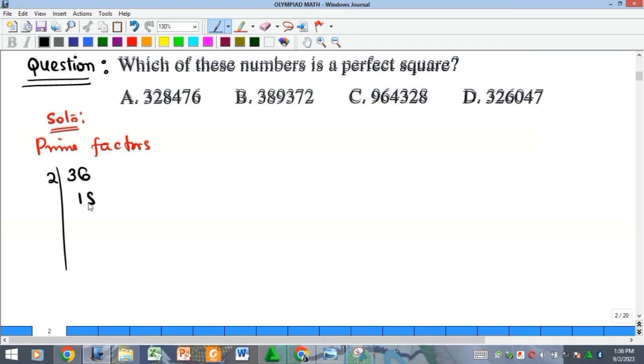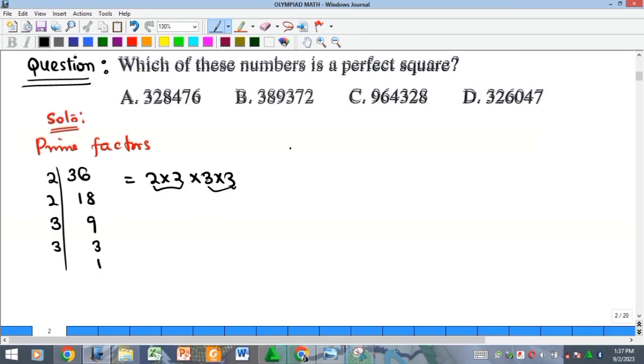So here we have 18. 2 will go again, here we'll have 9. This time 3 will go, we'll have 3. And then 3 again will have 1. So 36 here is equal to 2 times 2 times 3 times 3. Of course you can see that so far as you can pair each of the factors, you can put them in pairs, then that number is a perfect square.